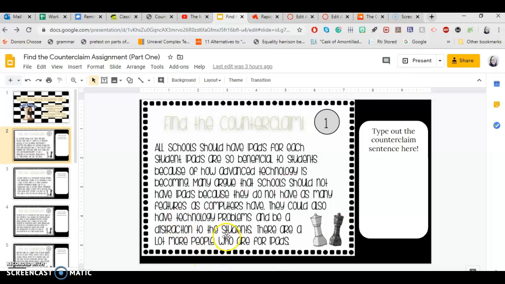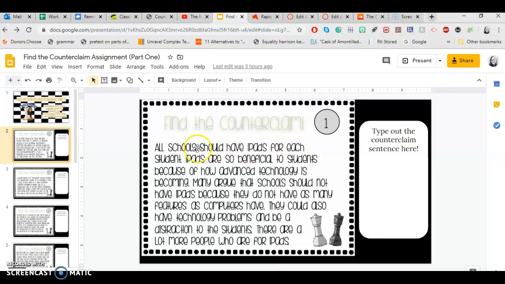So first and foremost, we have to figure out, okay, what is the claim? The claim has to do with the issue. So what's the issue? Well, they're talking about technology in schools. And what is this person saying should be done? What's their opinion? What's their argument? Well, it seems like their argument is that schools should have iPads for each student because they're beneficial.